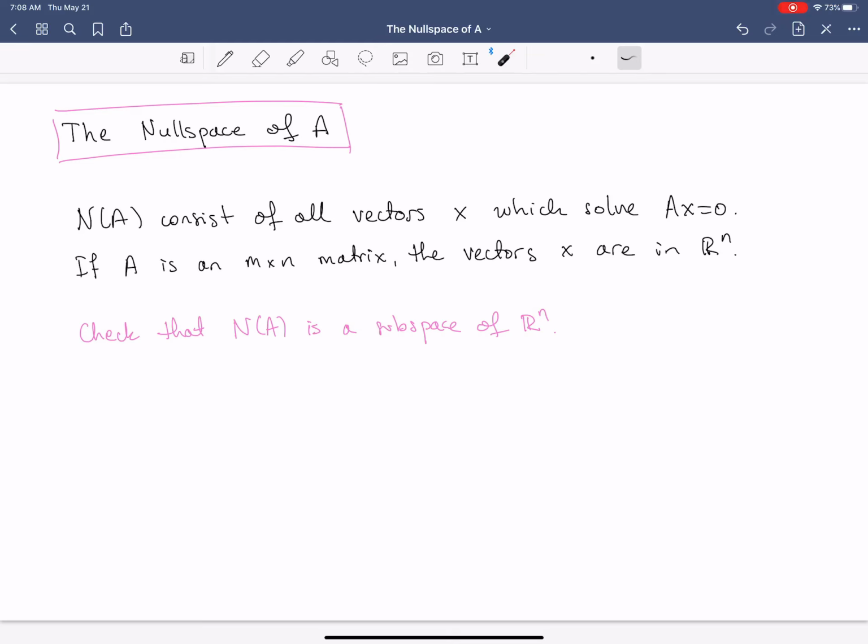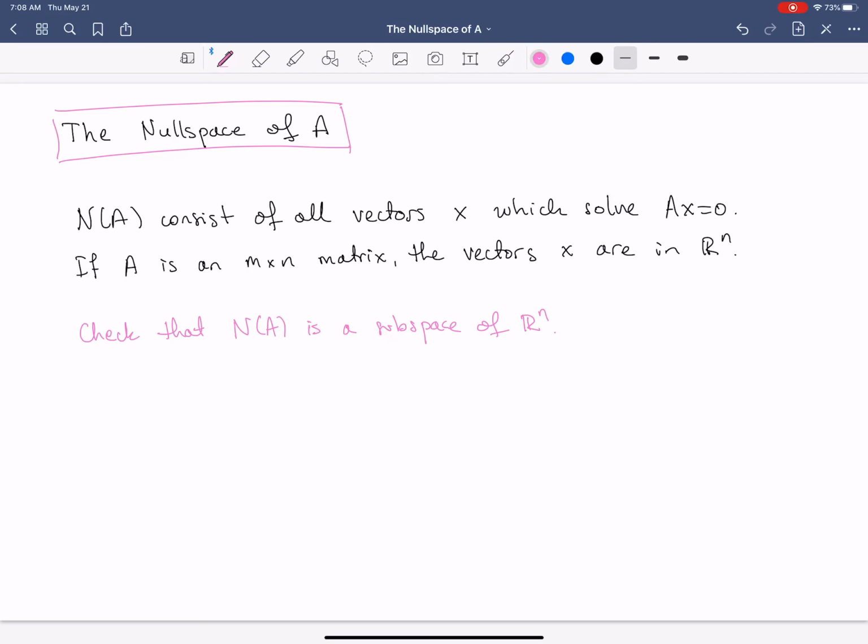You should just understand the size of the vectors that come into play. So just from matrix multiplication, it makes sense that this vector has n components if the matrix is m by n.